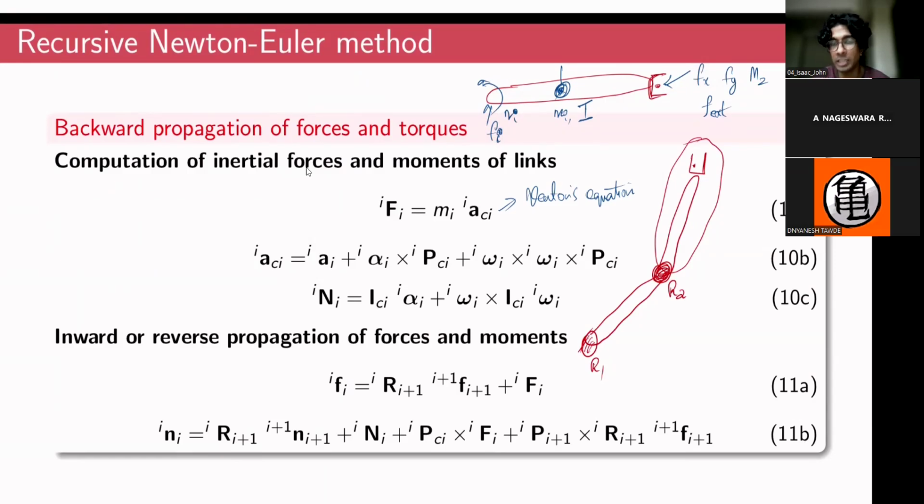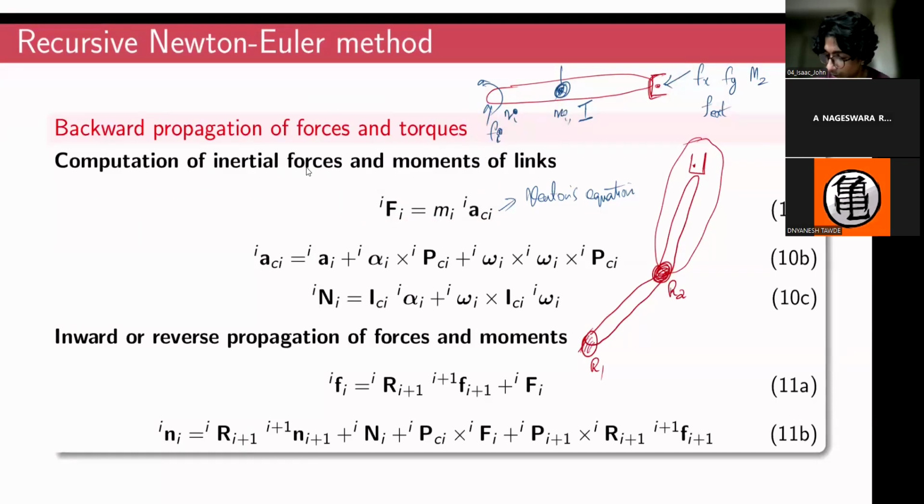If you do a force balance equation with small Fi and Ni, the net forces would be contributed by these reaction forces, the inertial forces, which is nothing but this equation, and also due to the external forces.